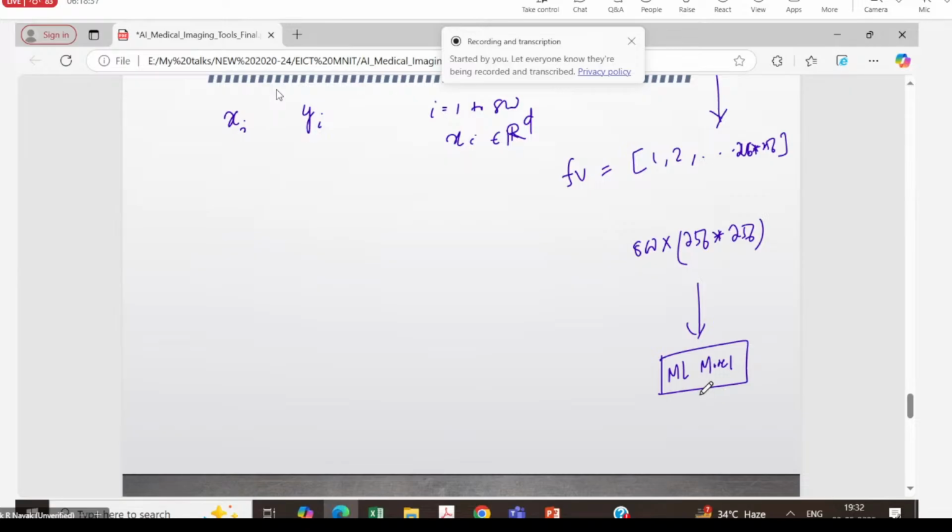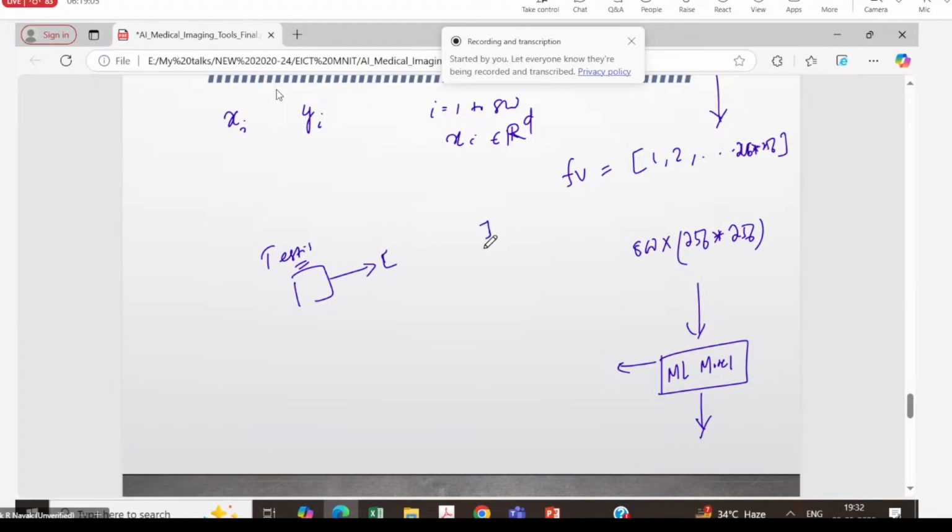Once the model is ready after training, you can pass the test images, following the same procedure to extract the features. You need not train the model again because the model is already trained. Let's say during testing you will have some images, and you follow the same procedure to convert the images into the vector.